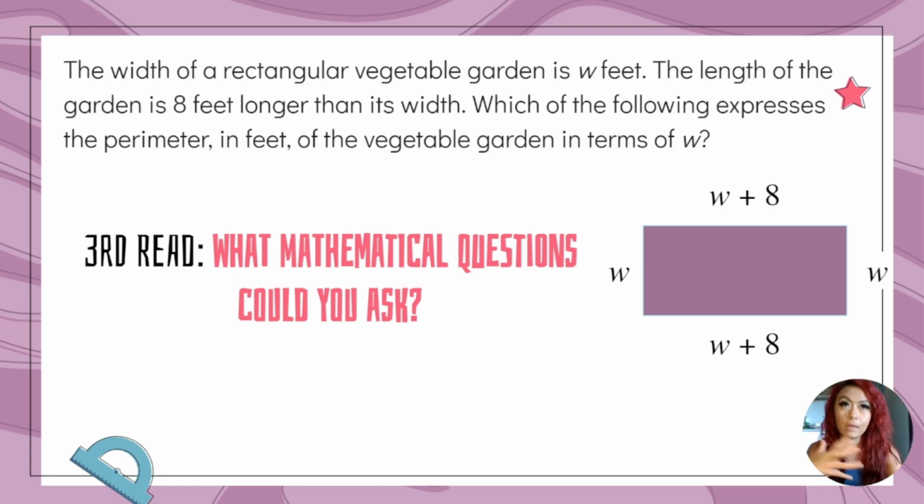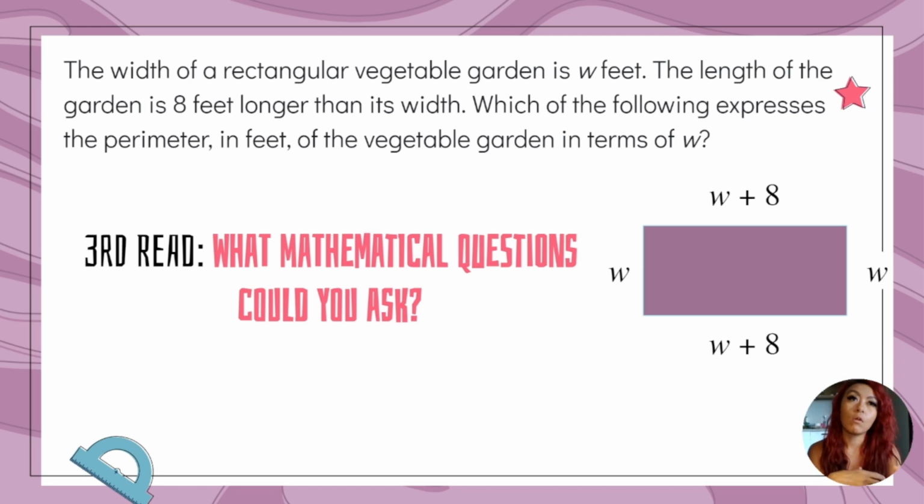Now, yes, we've already solved the problem, but extending your thinking by creating a mathematical question about this problem will just help you think deeper about the content, right? So something that you might ask is, what's the area of the rectangle, right?